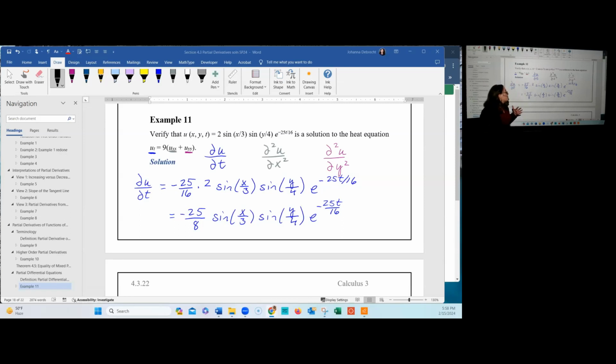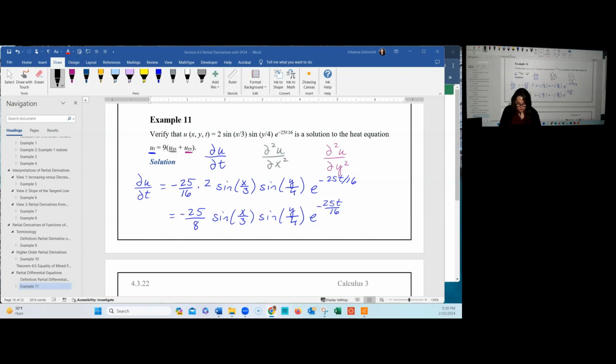In order to prove that this u is a solution to the heat equation given here, we need to find each part. The partial of u with respect to t turns out to be -25/8 sine of argument x over 3 sine of argument y over 4 times exponential e to the -25t divided by 16.